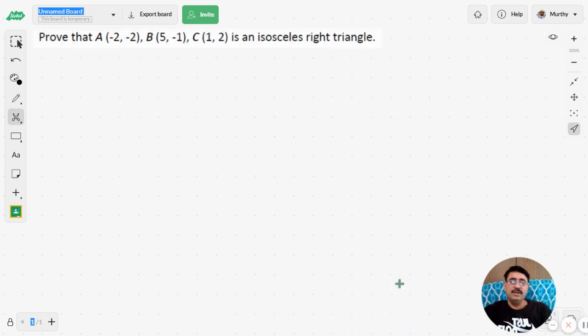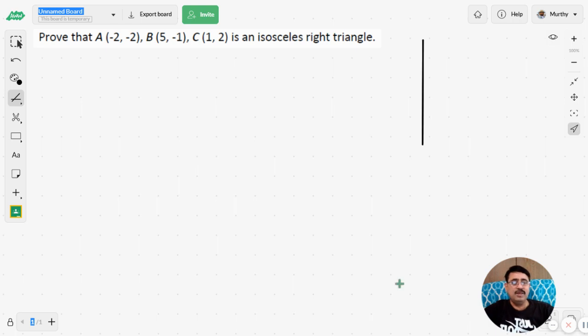The next question is, prove that A(-2, -2), B(5, -1), C(1, 2) is an isosceles right triangle. See, I'm drawing a freehand sketch. This one may not represent the triangle on the coordinate plane.